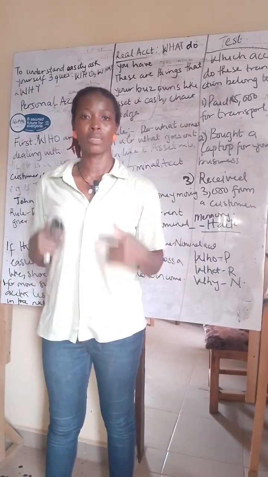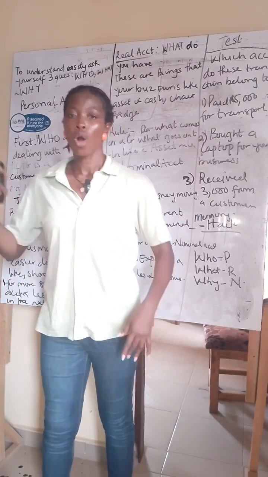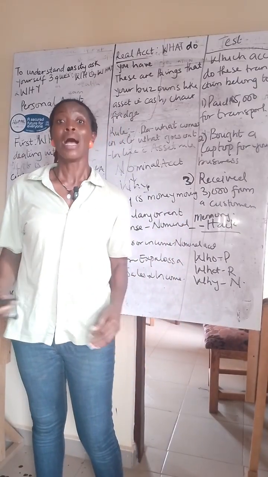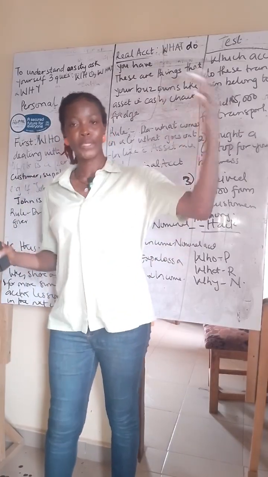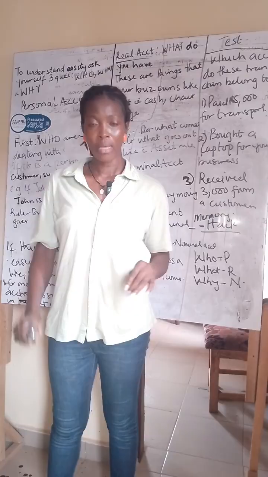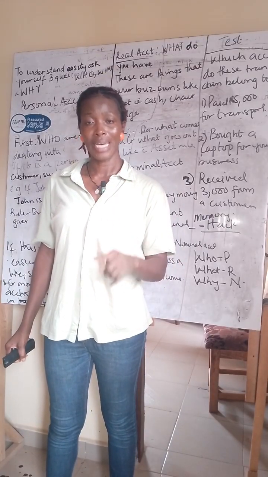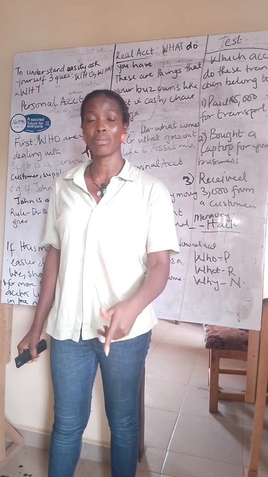The who has to do with a person. Maybe a customer purchased something from you, or a supplier supplies something for you, and there's a person's name there, maybe John or Adamu or Isioma, but there must be a name. Whenever you have such a transaction involving a name, that tells you a personal account is going to be opened.